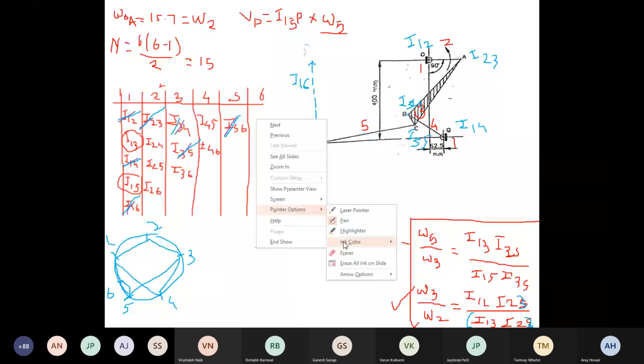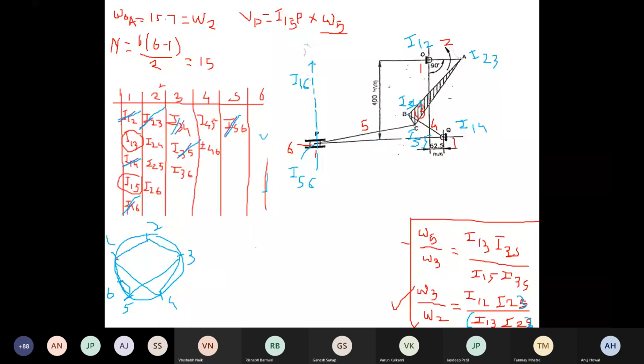Now this is the line 1, 6 and 5. Okay. Now to find out the first ICR, I13, you have to join a line. Joining this 1 and 3 is the I13. You have to join the points 1 and 3. You will get the two triangles. कौन से दो ट्रायंगल हैं? 1, 2, 3 and 1, 4, 3.